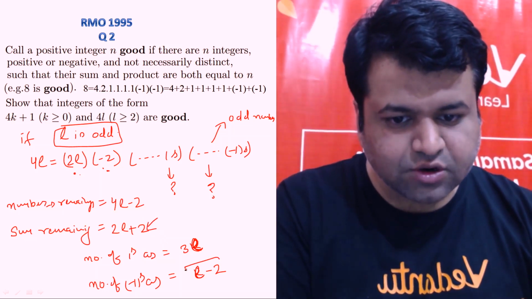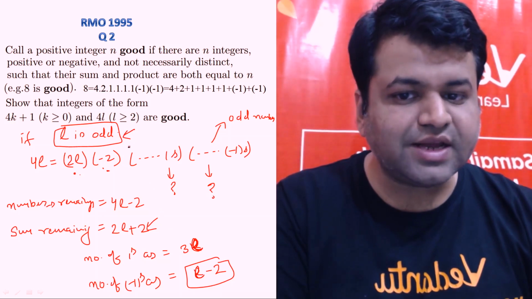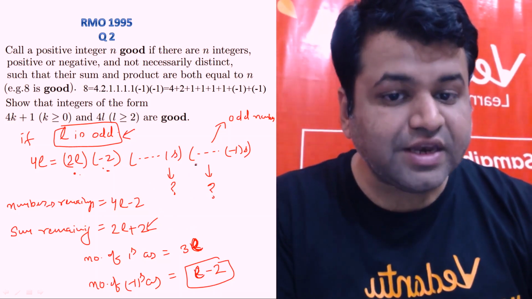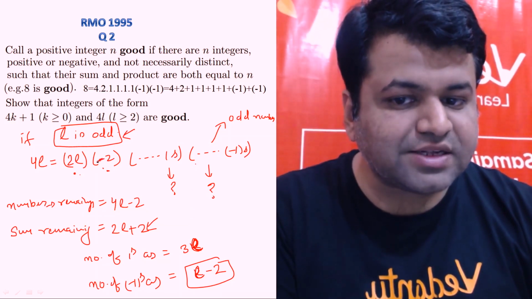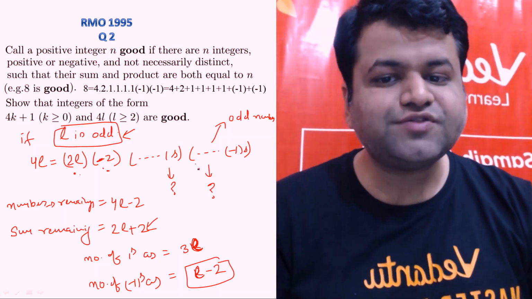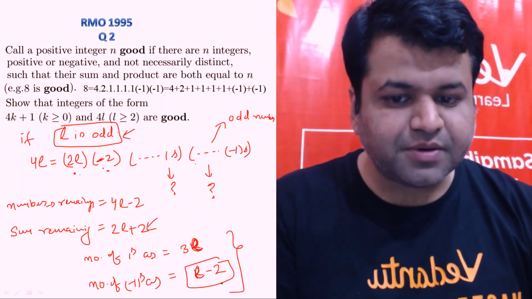In fact, L minus 2 is also odd because initially we assumed that L is odd, and we need minus 1 in odd count, because initially we have used a minus 2 over here. So only an odd number of minus 1s will make the product 4L, right? So this will serve the purpose.